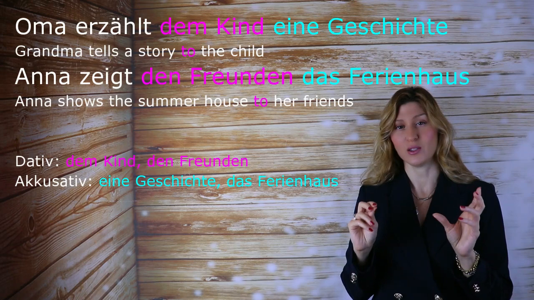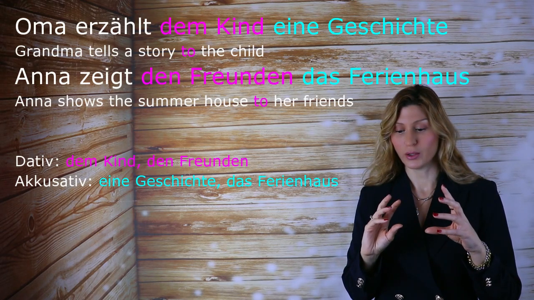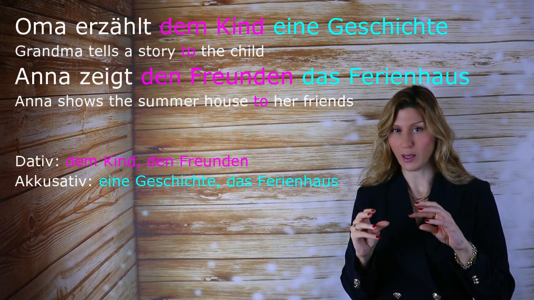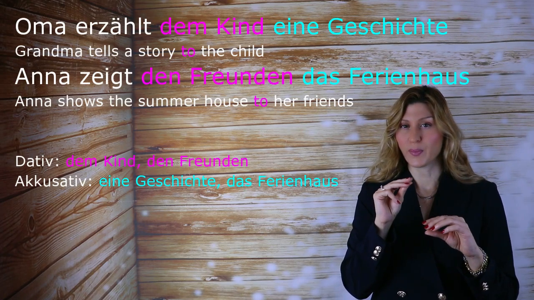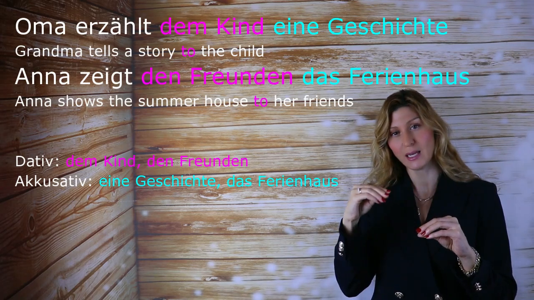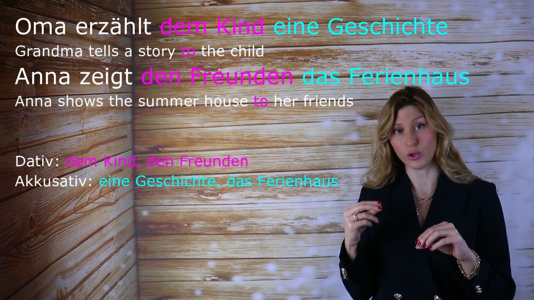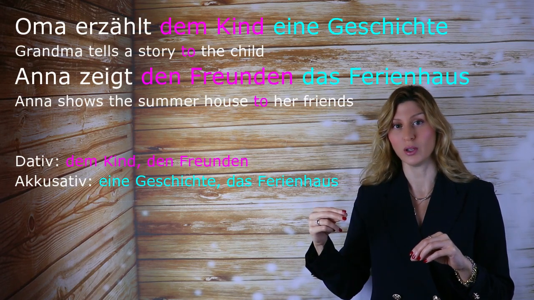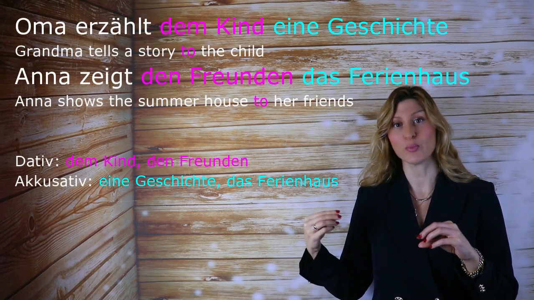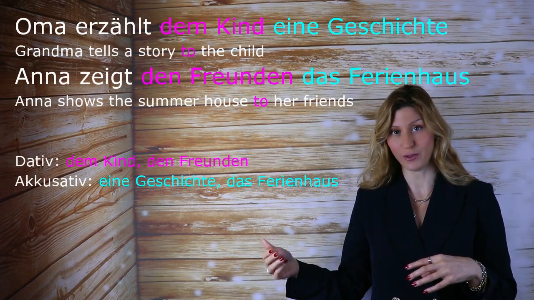I know this is tricky and it's not easy. If you're not sure and you're doubting, you could try to translate it into English. And if you are able to put a to before one of the nouns, it's most probably the indirect object, meaning dative.